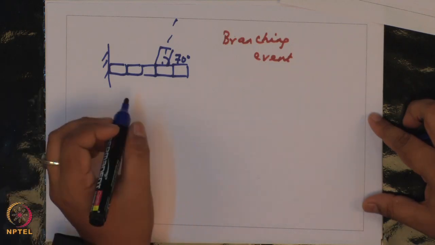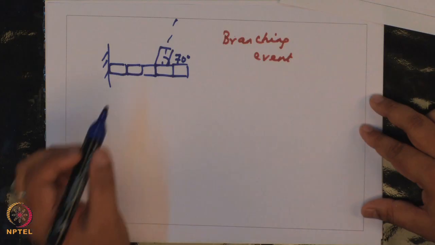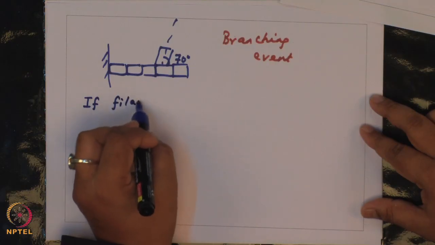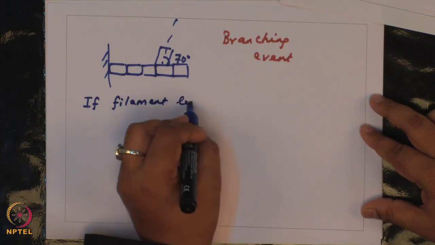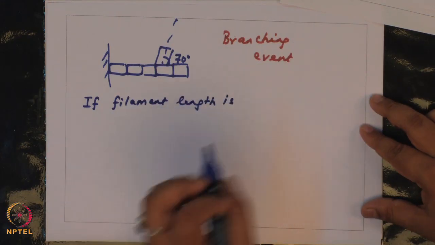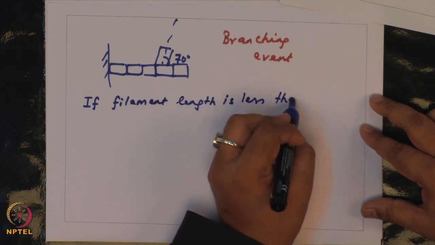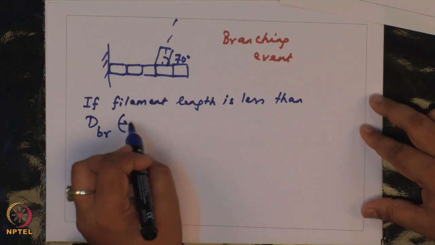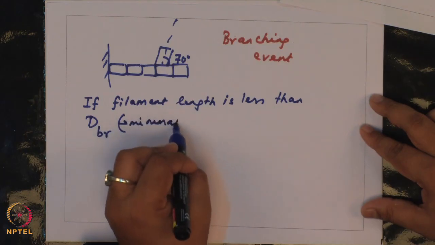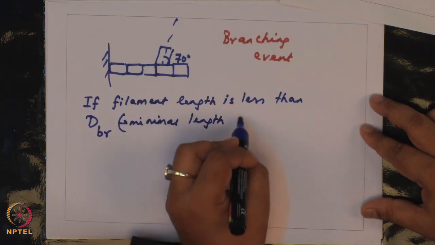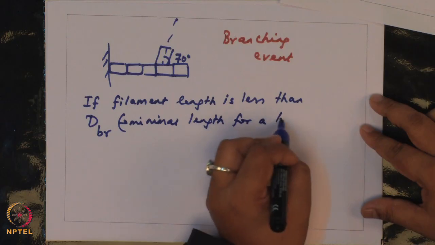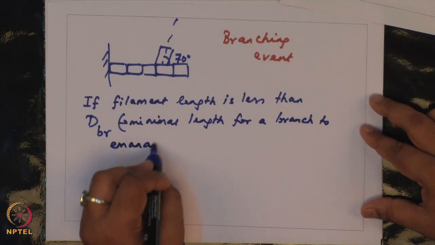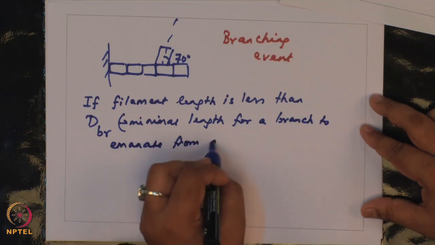So, to capture that in the simulation, you can say that if the filament length is less than some length, let us say dBr, the minimum length for a branch to emanate from an existing filament.